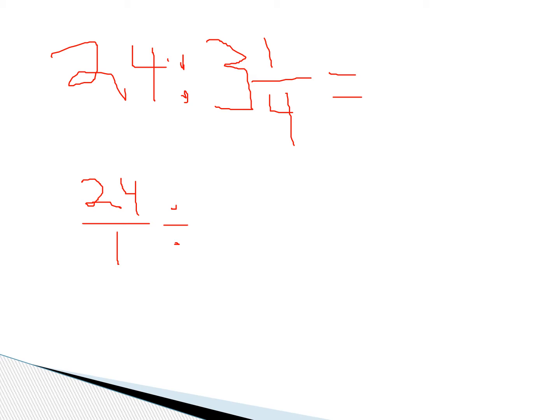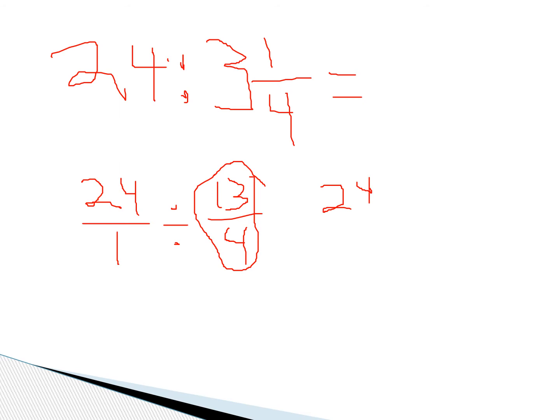So 4 times 3 is 12 plus 1 is 13. Okay, so now what do I need to do to go on? I hope you're saying flip it. So I'm going to flip the second number and change it to a multiplication problem.